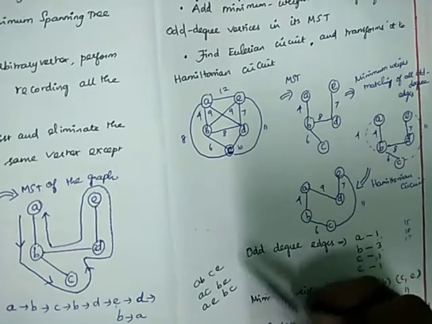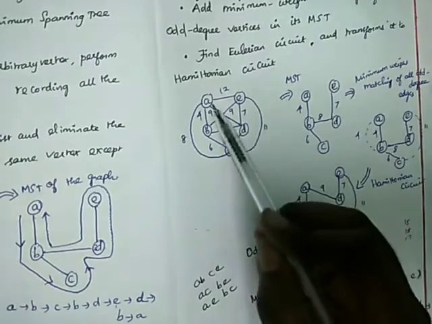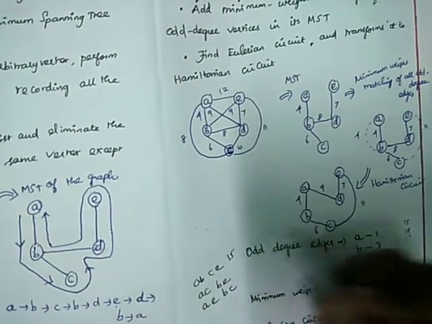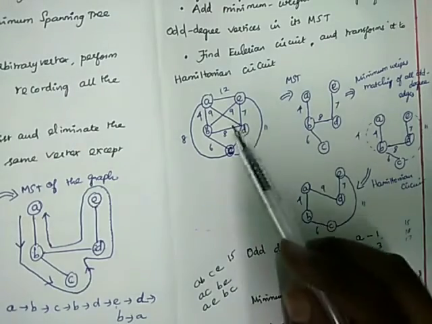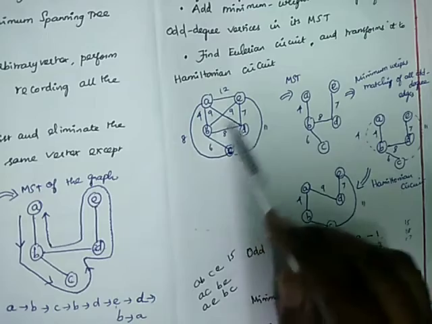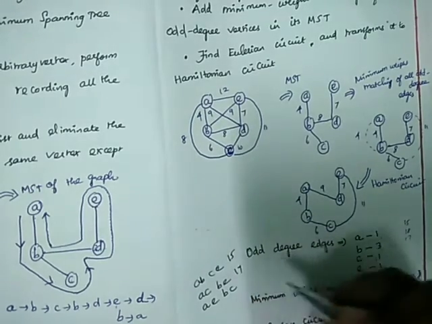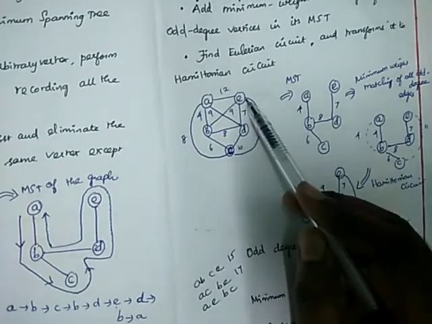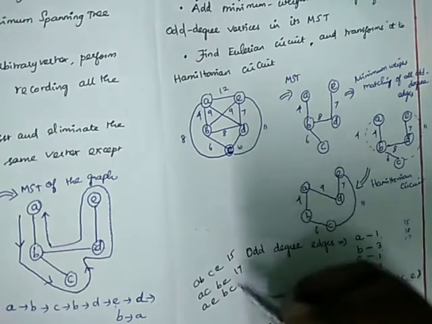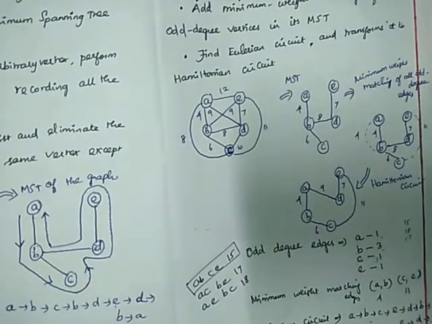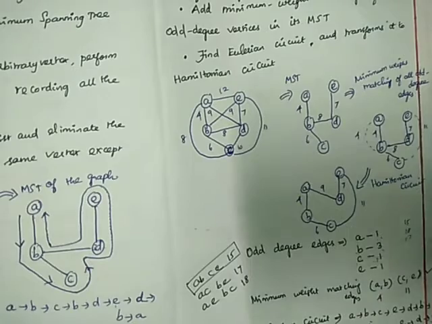The edge cost for A, B, C, E is 4 plus 11, 15. For A, C, B, E, 8 plus 9, 17. Then A, E, B, C, A to E 12 plus 6, 18. So the minimum cost edges are A, B, C, E. So we can take this combination A, B, C, E.